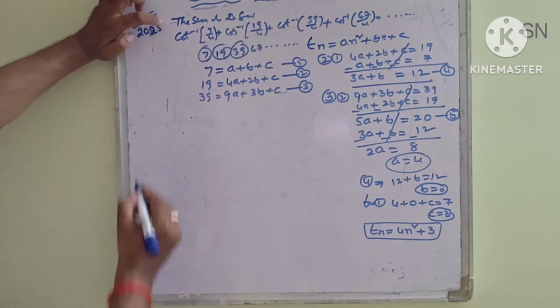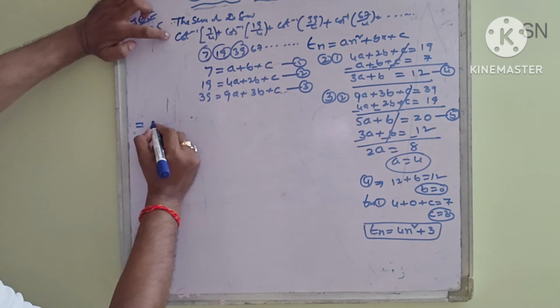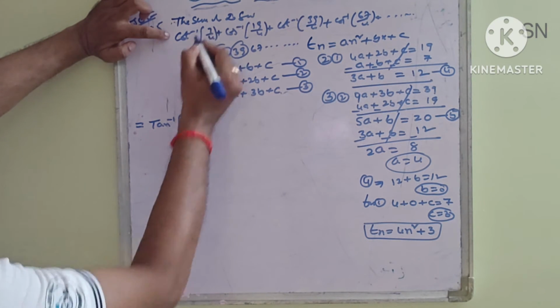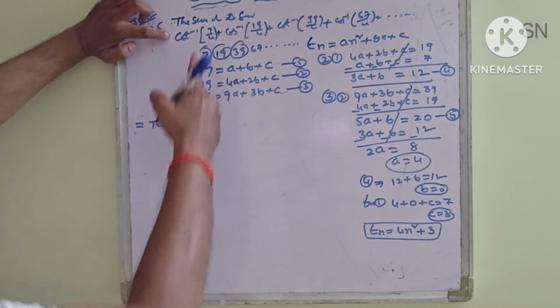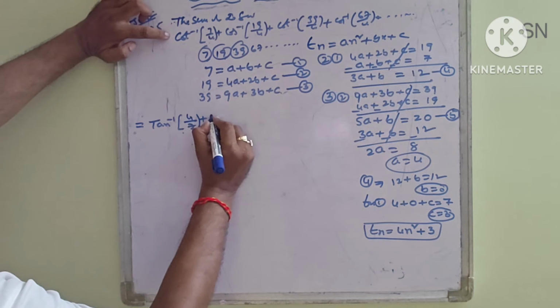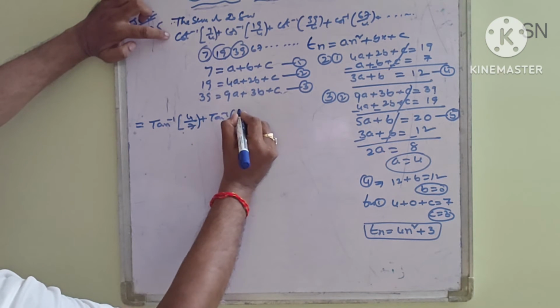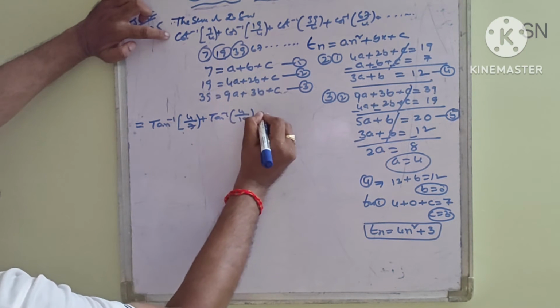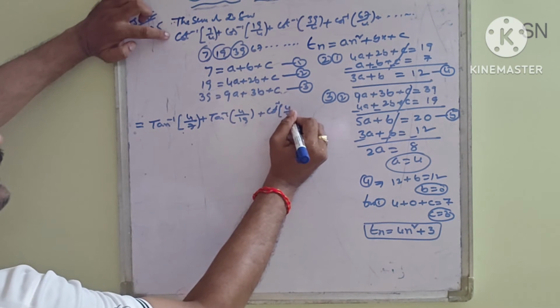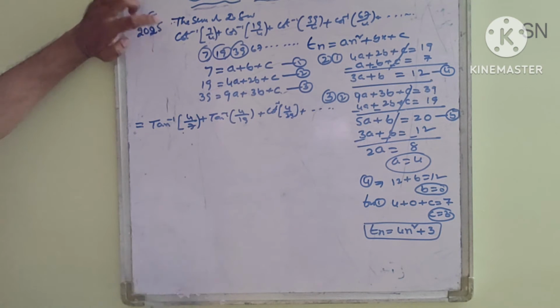Now here in the sum, convert cot into tan. Now tan inverse of 4 by 7 plus tan inverse of 4 by 19 plus tan inverse of 4 by 39 plus so on.